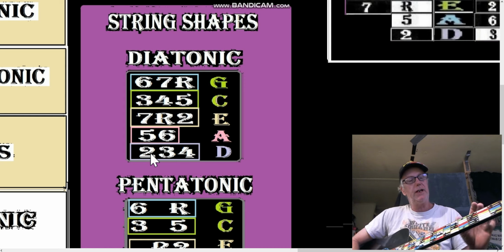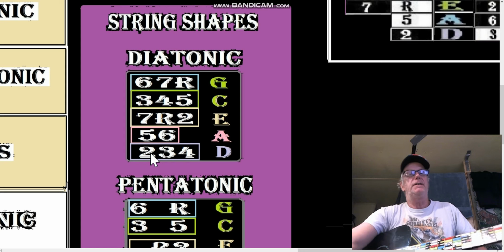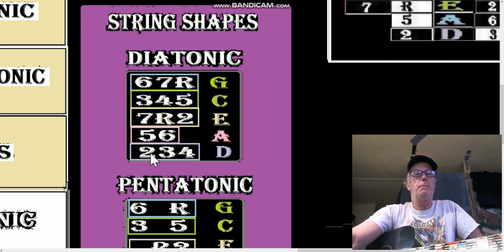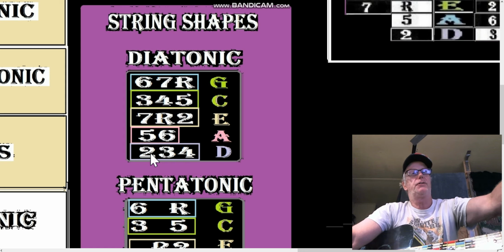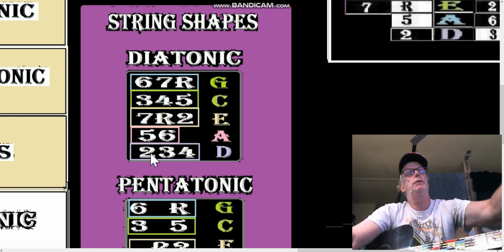The D string shape is just the bottom shape of the D cage. And when I say D cage, I mean a tri-pentatonic D cage. That's D, and its fourth pentatonic, and its fifth pentatonic. But we don't worry about whether this is major or minor, we're only looking at the notes.